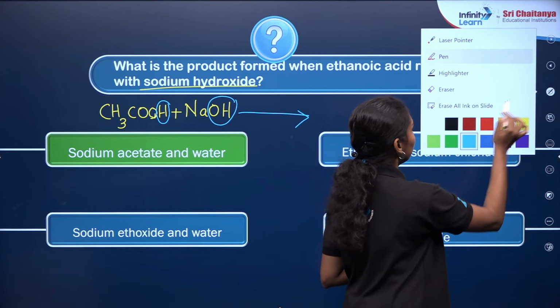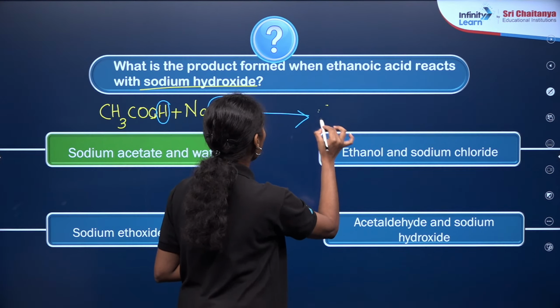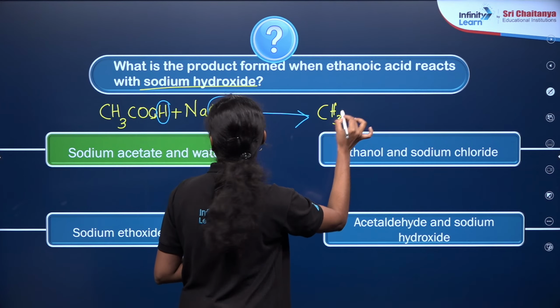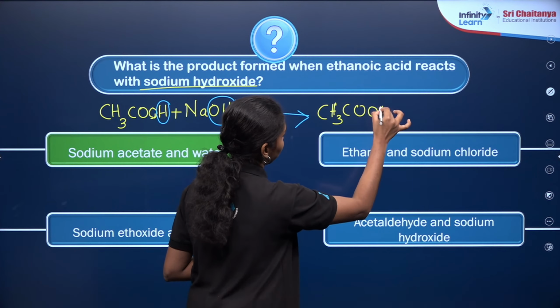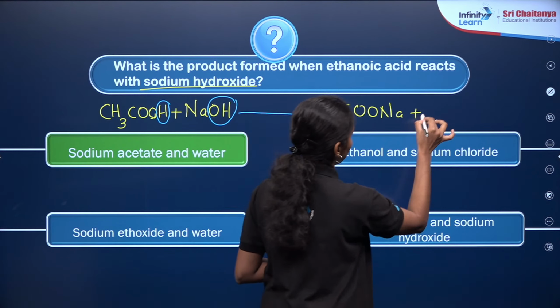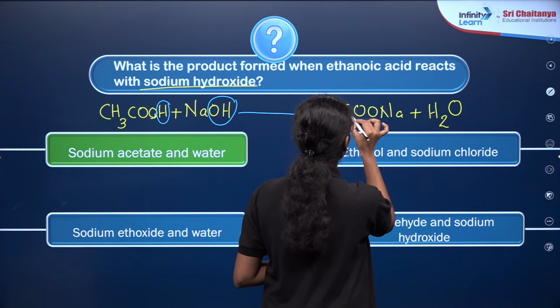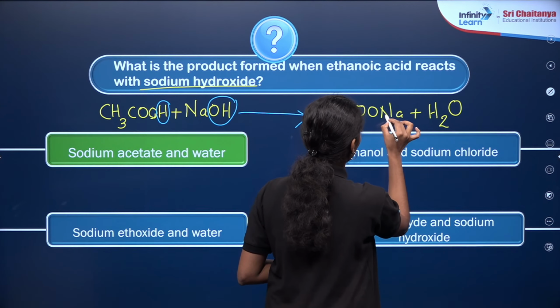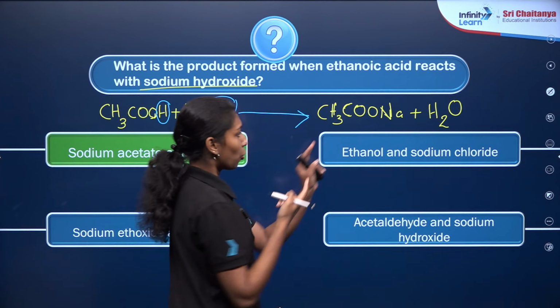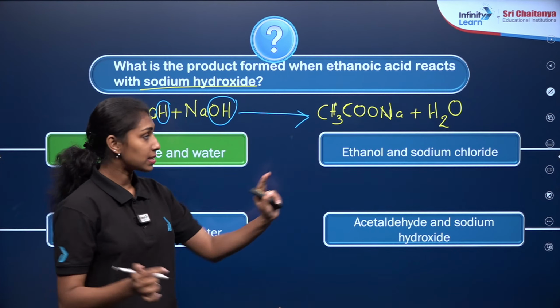It will be removed as water. Then producing the major product as CH3COONa plus H2O. We already know how to write down the chemical formula of a compound, right? CH3COONa is known as sodium acetate.